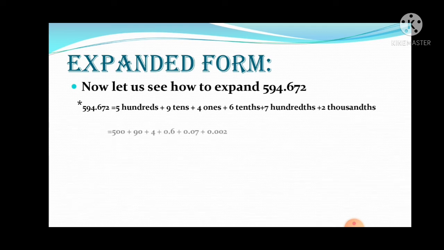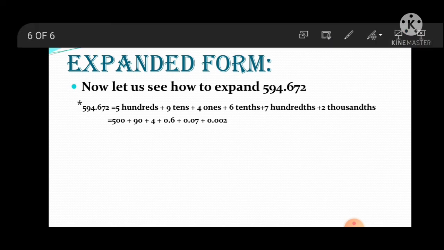So after 500 plus 90 plus 4, after the point we write 0.6 for the tenths, 0.07 for the hundredths, and 0.002 for the thousandths.